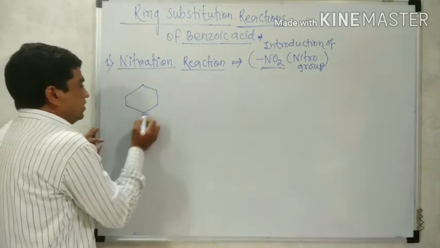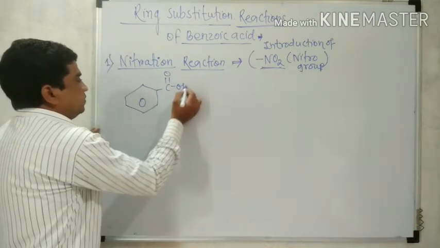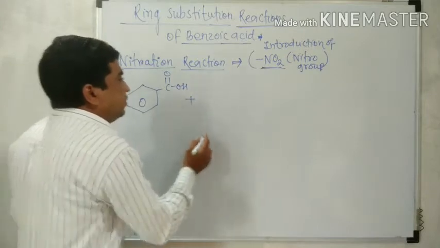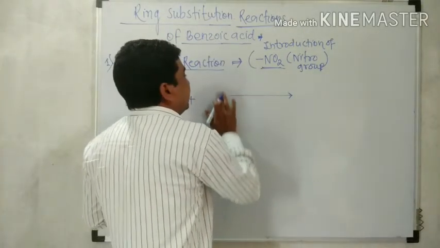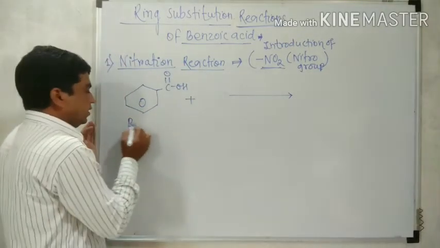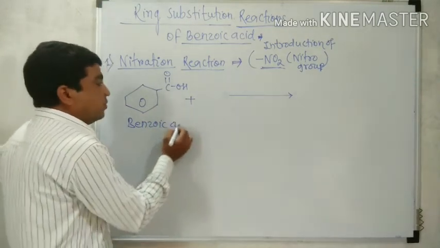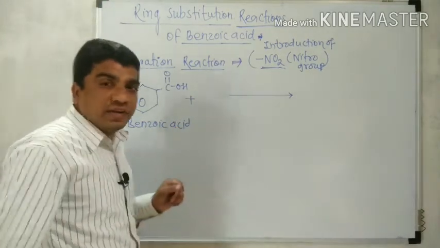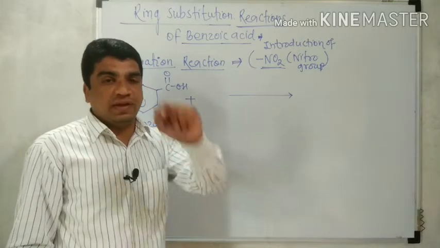So benzoic acid, benzene with COOH, is reacted with nitrating mixture, that is a mixture of nitric acid and sulfuric acid.